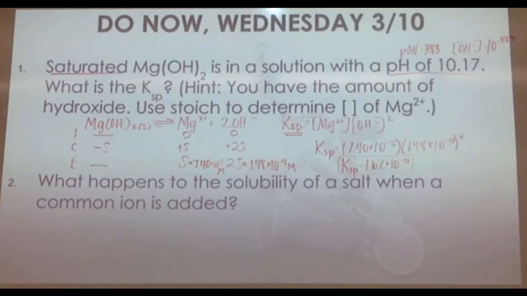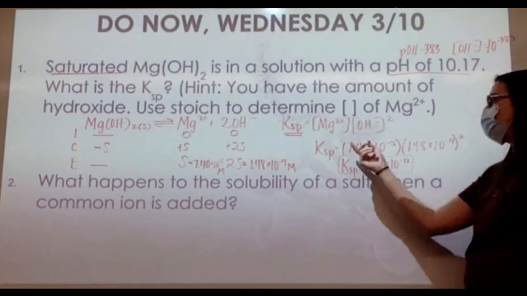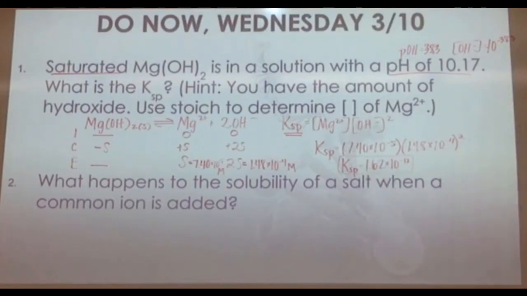Remember that K, any equilibrium constant, does not have units, just a number. A low KSP means there's not very many ions, so the solid doesn't dissolve very much.